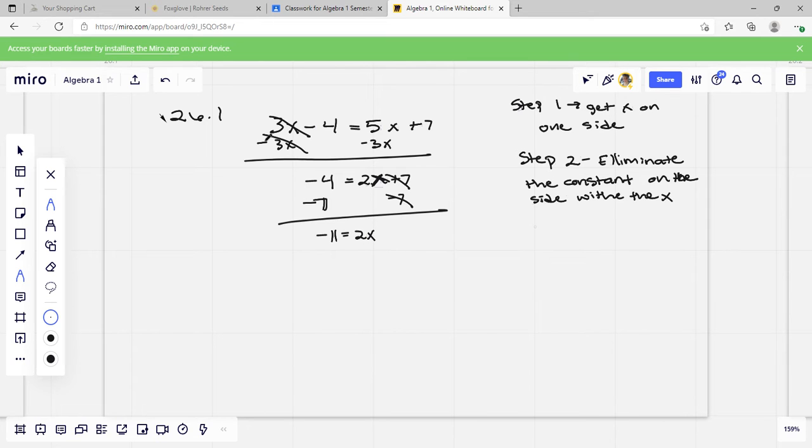Then step 3. Solve for x. And really what that means is divide.